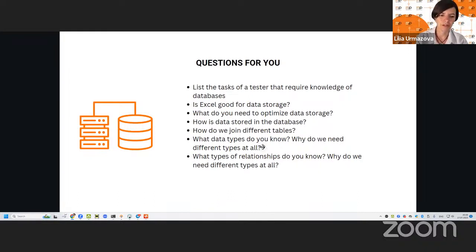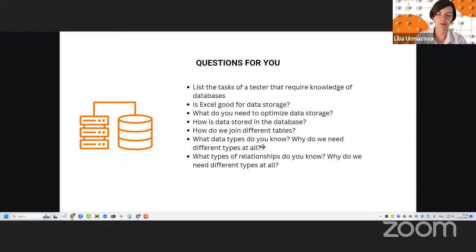And why do we need different data types? You mean string, numeric, and... Yeah, I mean that. And I forget the third.